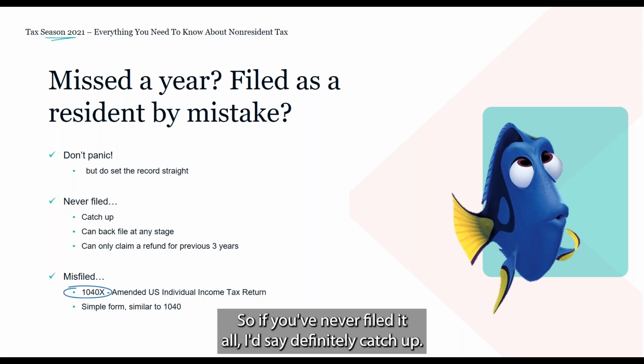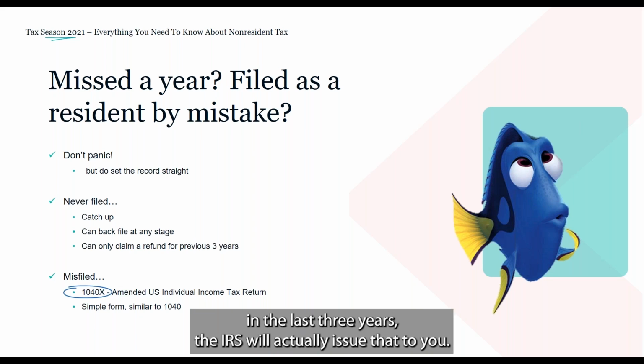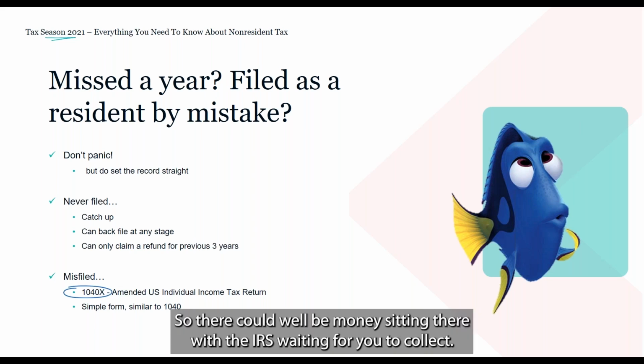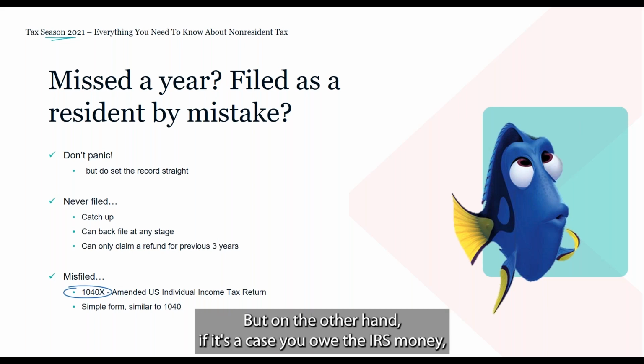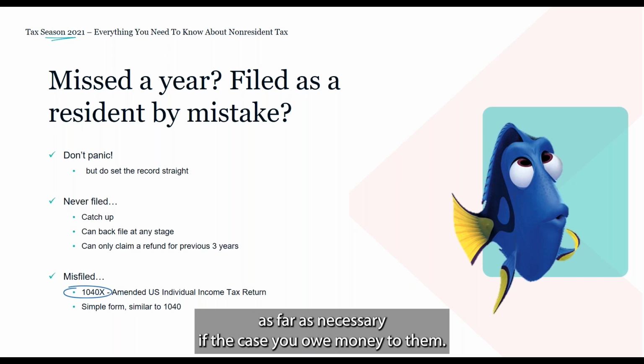So if you've never filed at all, we'd say definitely catch up. And the good news is that if you're due a refund in the last 3 years, the IRS will actually issue that to you. So there could well be money sitting there with the IRS waiting for you to collect. But on the other hand, if you owe the IRS money, there's no cut-off point. They will expect you to go back as far as necessary.